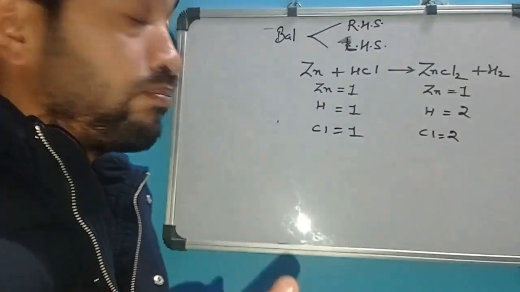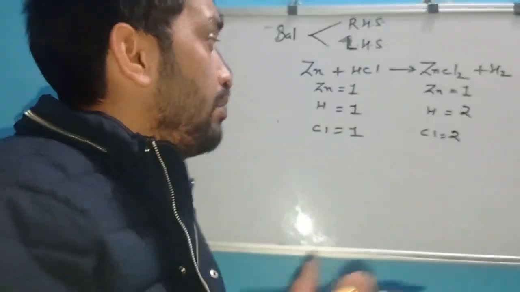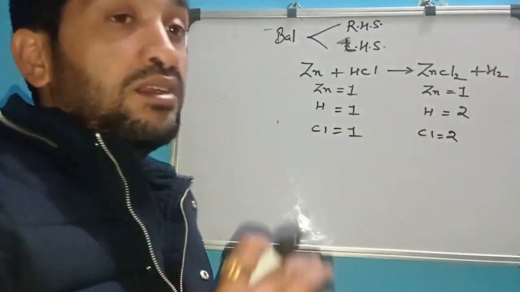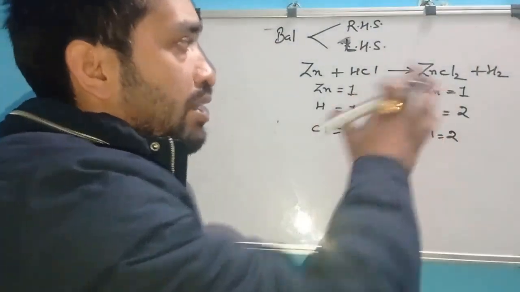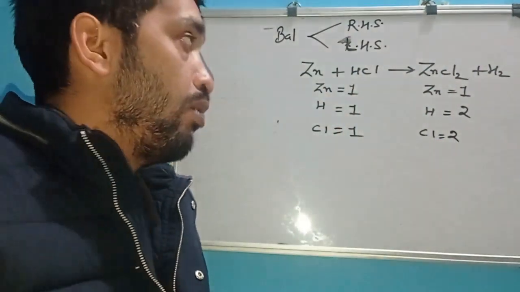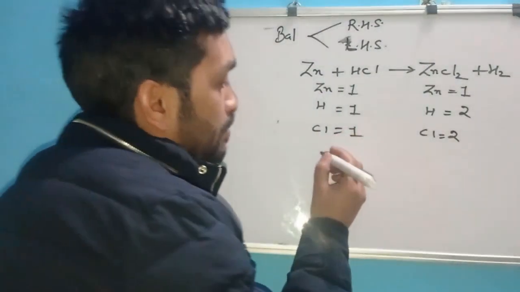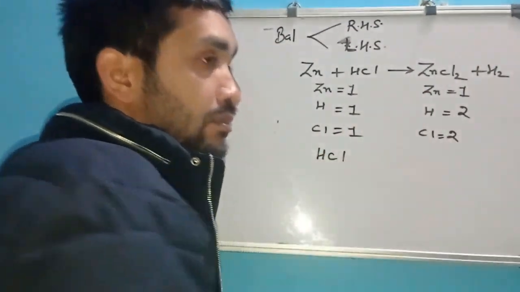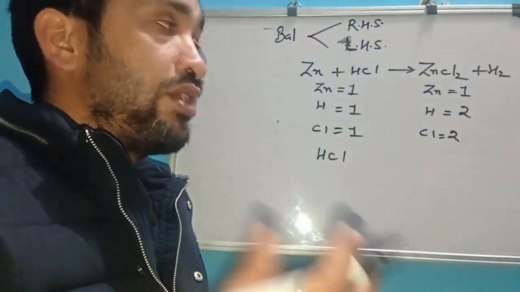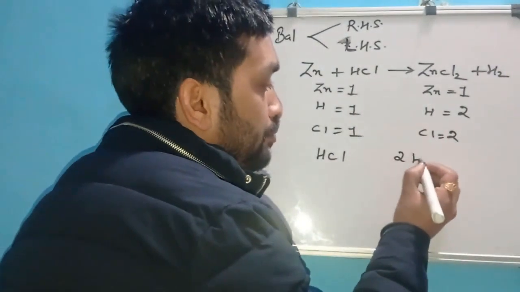Now see the problematic part. Which is the problematic part? H and Cl are the problematic part. Zinc is already balanced. Now while balancing, here is a mistake you must not make. Suppose it's HCl, and in the RHS or LHS side you have 2 hydrogens.